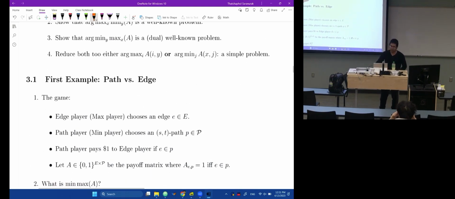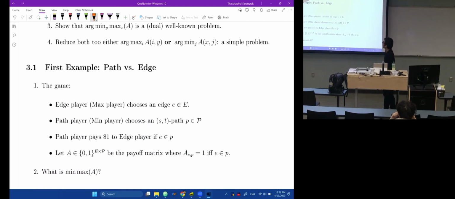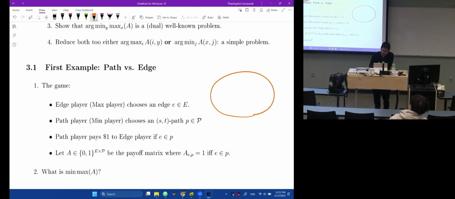The first game that I want to look at is the game between path and edge. Imagine there is a graph with S and T. Now one player, the edge player, is a max player that chooses an edge in the graph.